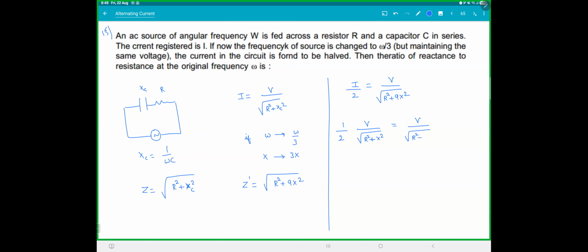V goes off, square it on both sides, 4 into R square plus X square. Clear?